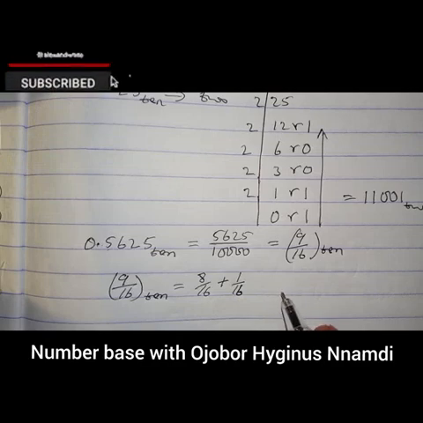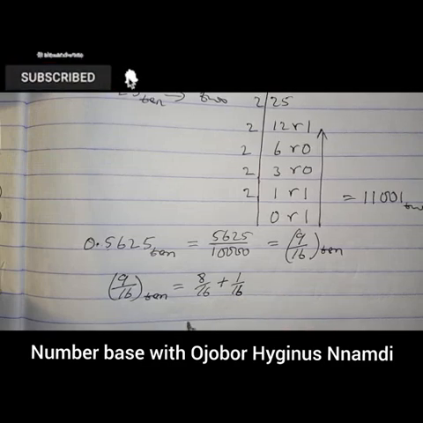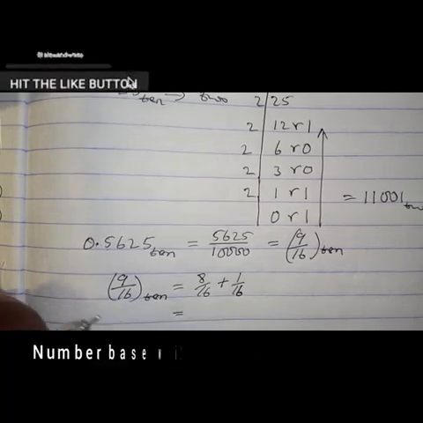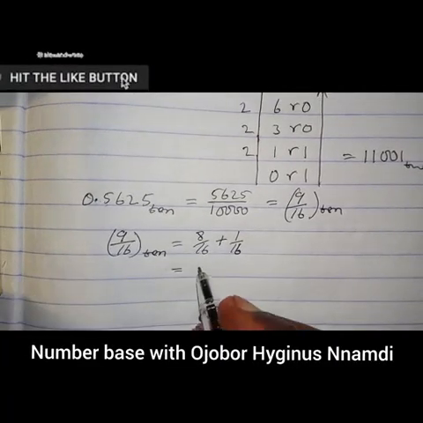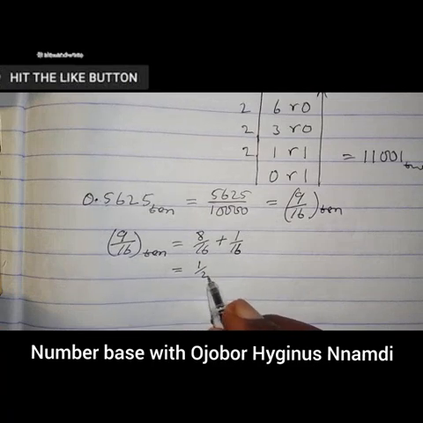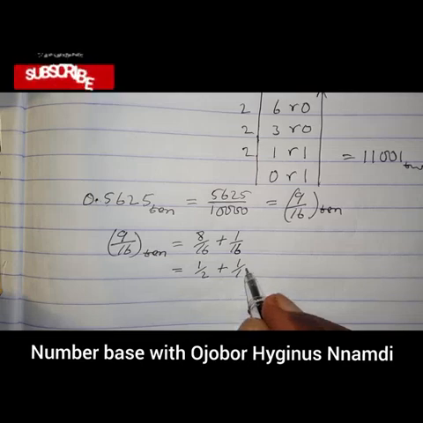And of course, I said we'll reduce it again. If we reduce further, we'll simplify the fraction. 8 over 16 is 1 over 2, plus 1 over 16.